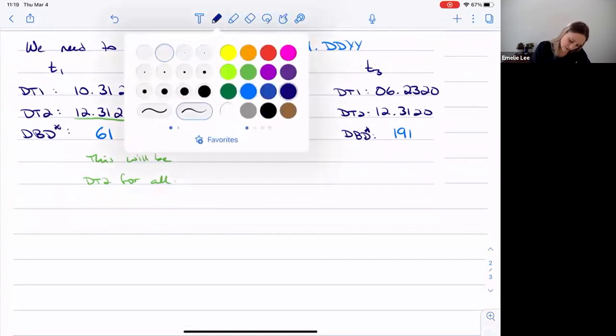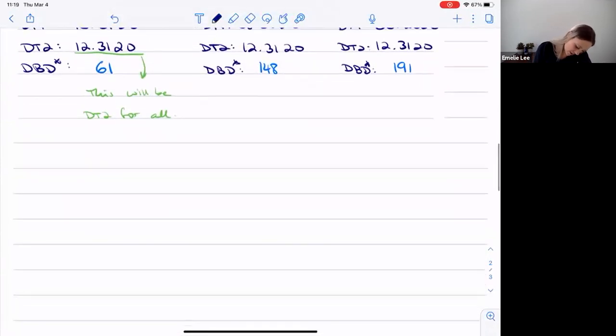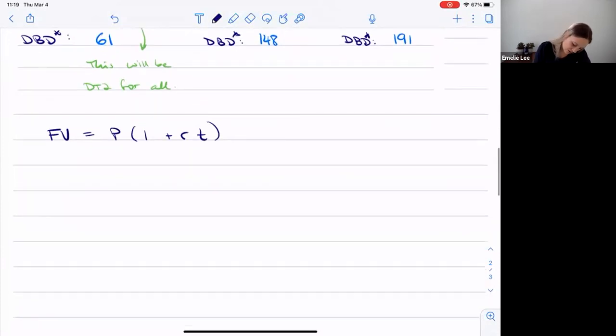So now I can solve for, okay, I know the future value in general is P times 1 plus R times T. So now I have all the information that I need to be able to solve for the future value 1, for example.